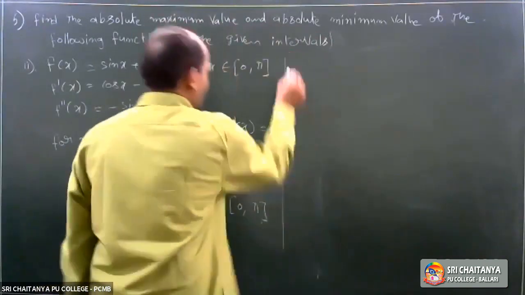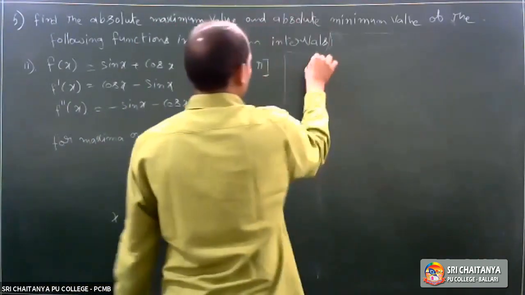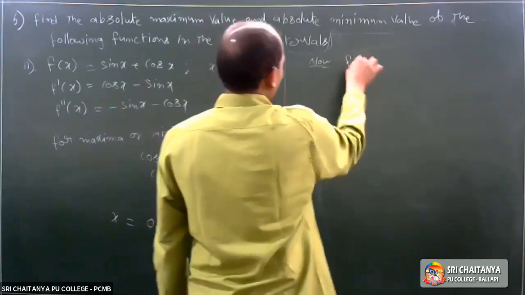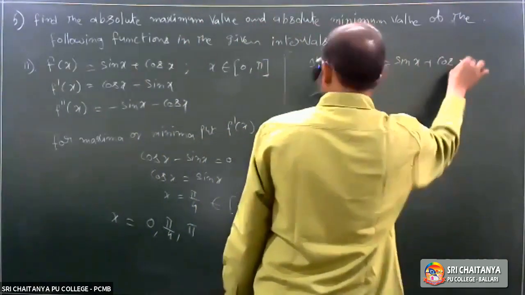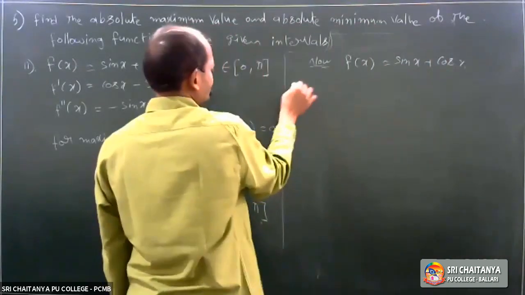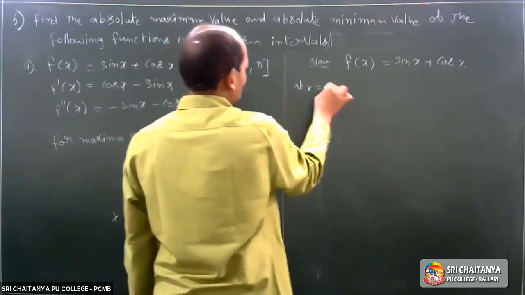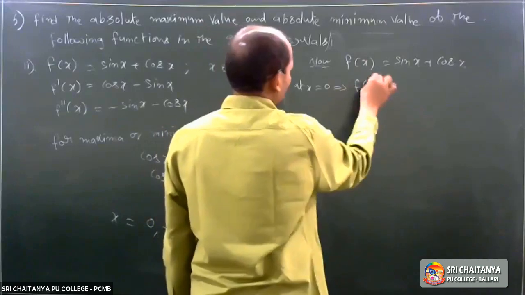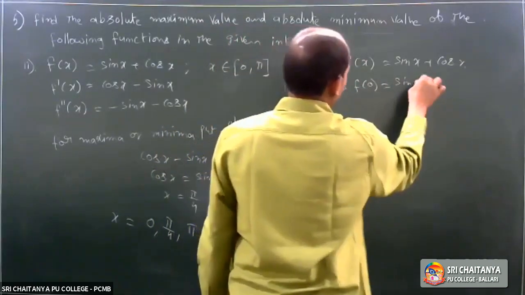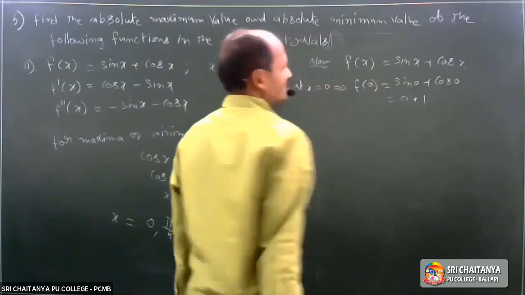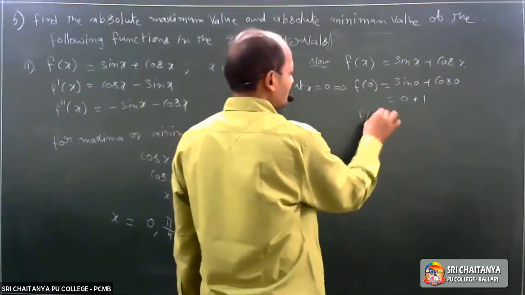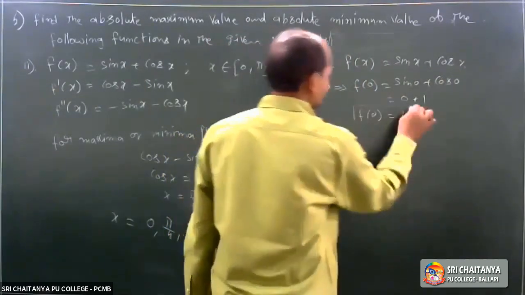So now f of x is equal to sin x plus cos x. At x equal to 0, what about f of 0? It is sin 0 plus cos 0. Sin 0 value 0, cos 0 value 1. So f of 0 is equal to 1.